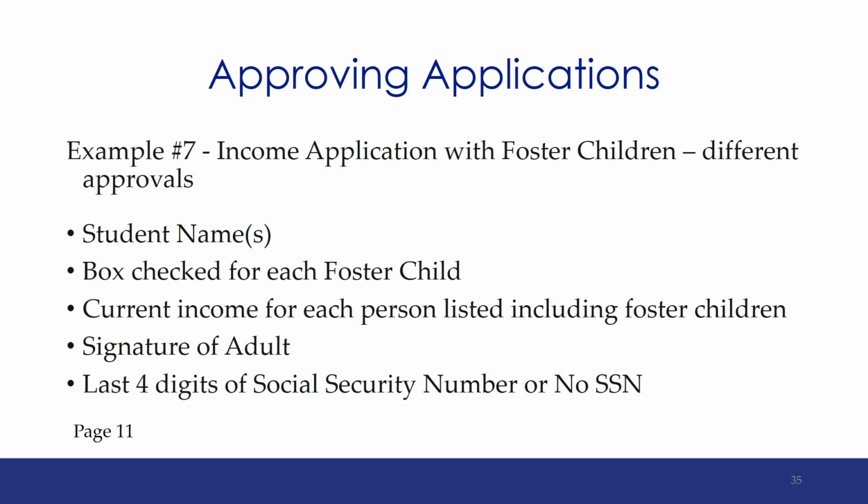The only way homeless, migrant, or runaway children can be approved as categorically eligible for free meals with an application is if the district has documentation on file from either their direct certification list, migrant coordinator, or homeless runaway liaison certifying their eligibility. Remember, if there are other children in the household, the benefit does not automatically extend to them. They will be approved for benefits based on household size and income.